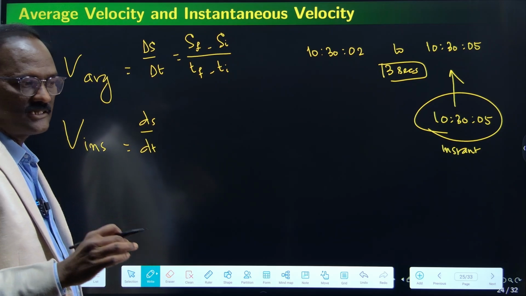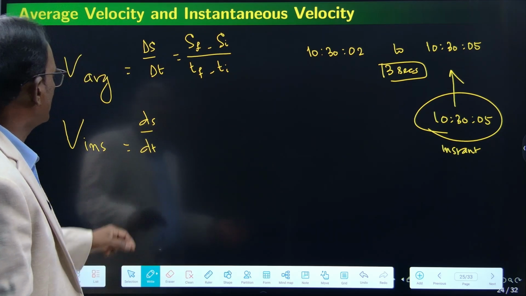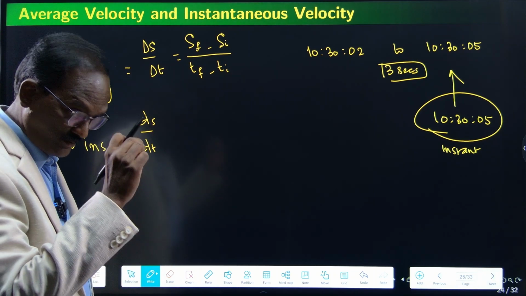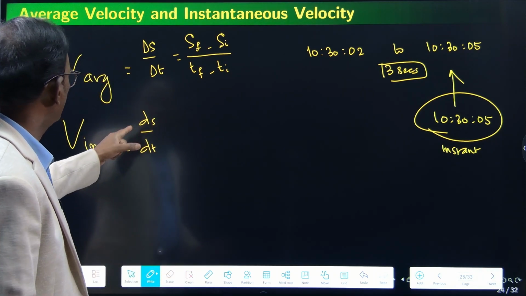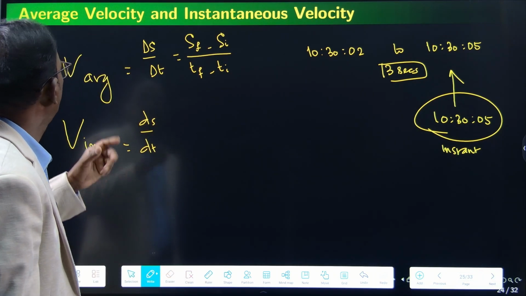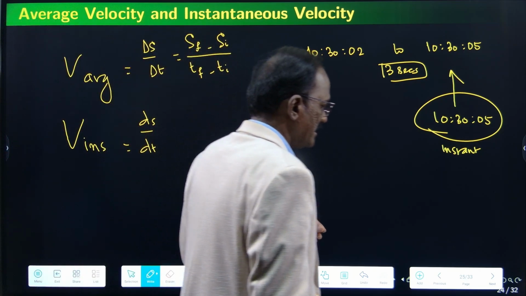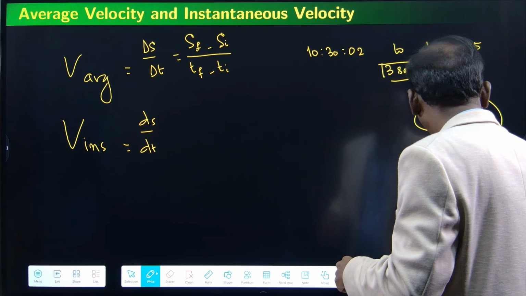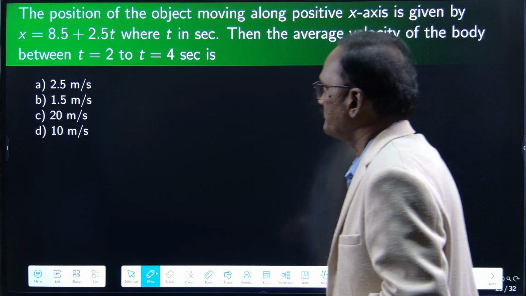Exactly at one particular instant, how much distance he has traveled at that instant, so you have to differentiate it, right? So average velocity and instantaneous velocity, you please remember these two formulas. We will be using these two formulas for solving the remaining problems.